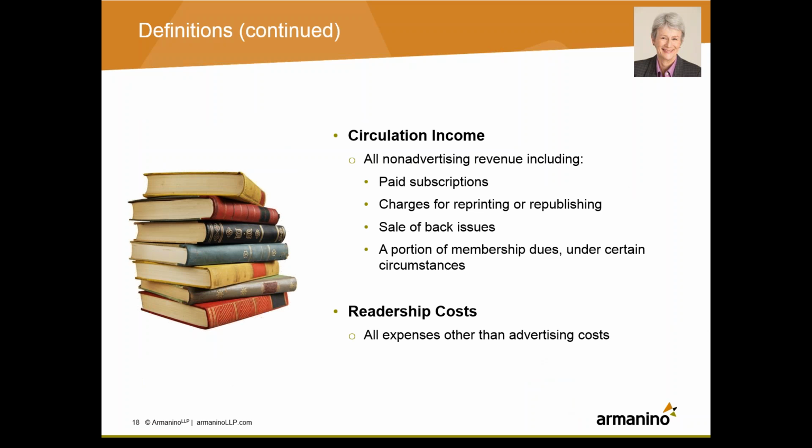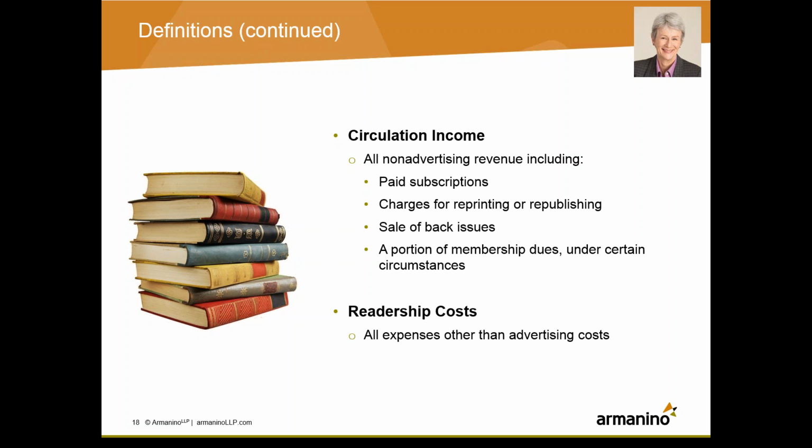And then for circulation income, it's all the non-advertising revenue. So if you look at it, you have one pie. You've carved out the advertising revenue. Everything else falls into circulation income. So paid subscription, charges for reprinting and republishing, sale of back issues, and a portion of the membership dues under certain circumstances.